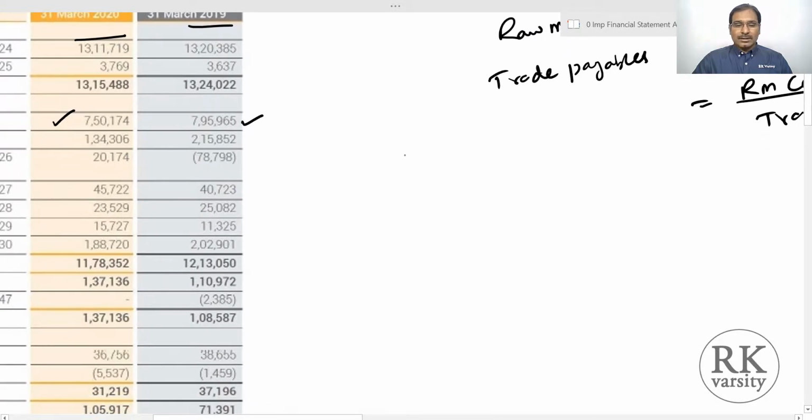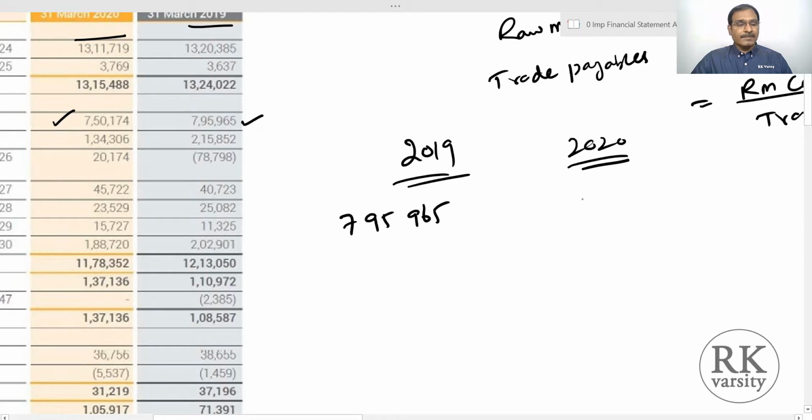That is for 2019 and 2020. Our net credit purchases are 7,95,965, and here 7,50,174. This upon your payables.